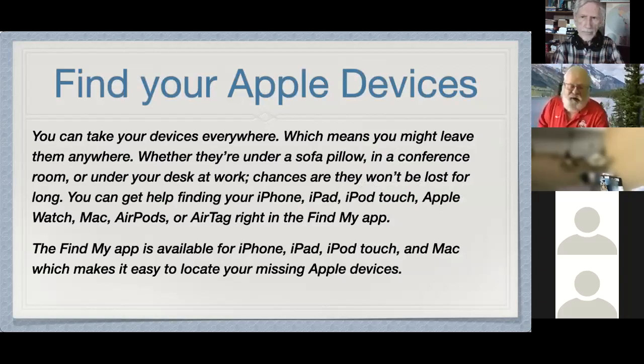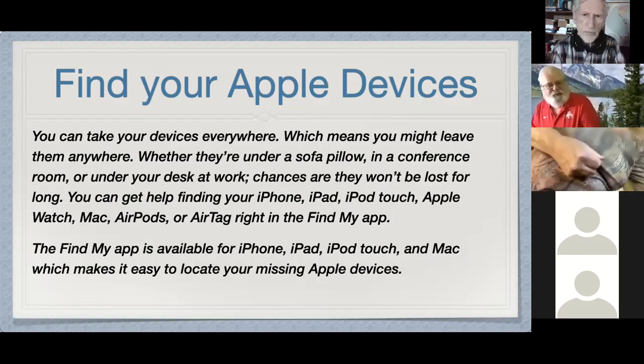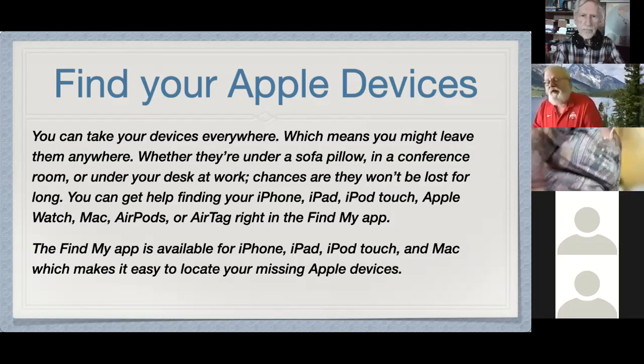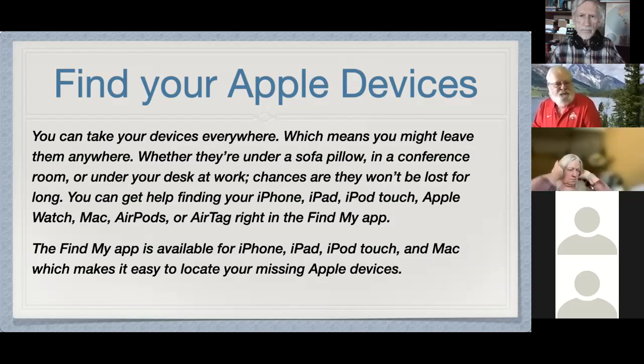So you can take your devices anywhere, which means you might leave them anywhere. You might leave them under a sofa. You may leave them in a conference room. You may leave them on the bus. The Find My app is available for iPhone, iPad, iPod Touch, Mac, both laptops and desktop machines.